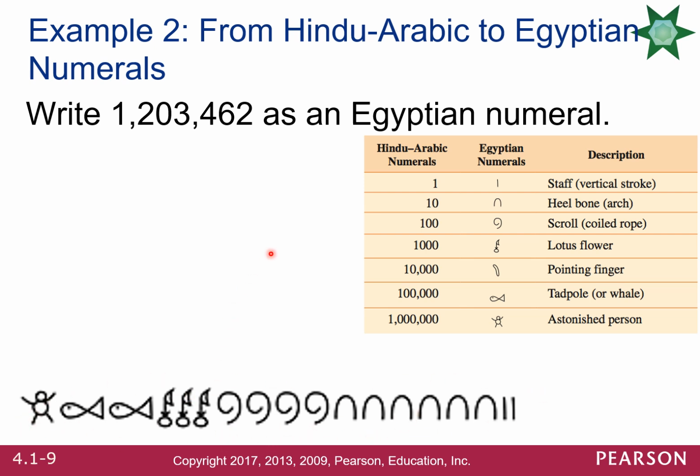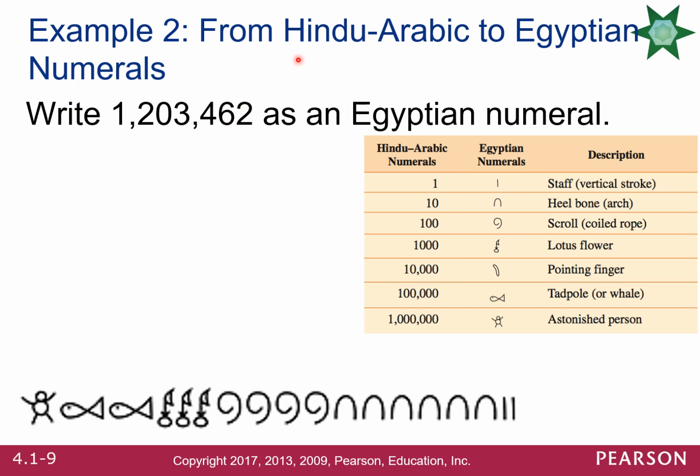All right. So the first step is to recognize that this is a number which is in millions. All right. So it has 6 digits after the 1, so that makes it 1 million, right? So that matches here, 1 million. So 1,203,462.